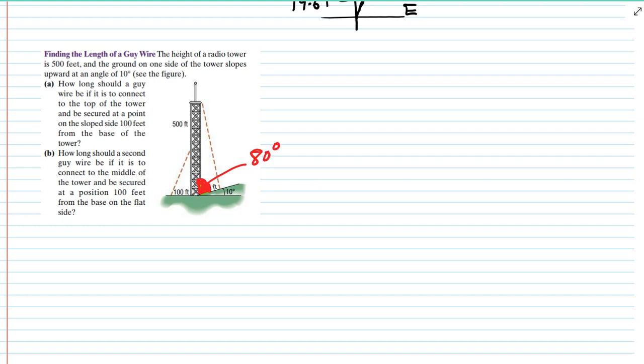This is a right angle, but then we have a 10-degree slope on the hillside. Right here, that's 10 degrees, so the remaining portion should be 80 degrees. Call this L for the length of the guy wire.